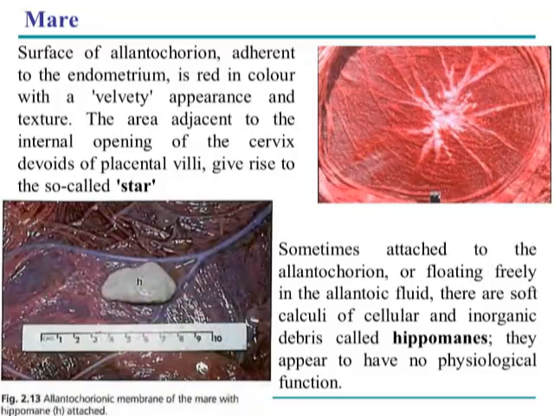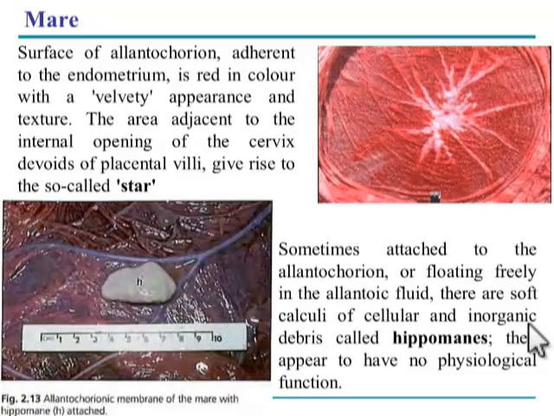The surface of allantochorion which remains attached with the endometrium is red in color with a velvety appearance and texture. The area which is facing the internal os of the cervix lacks the placental villi, and hence it gives an appearance like a star, and it is called the cervical star.